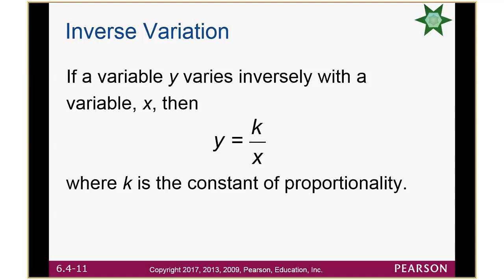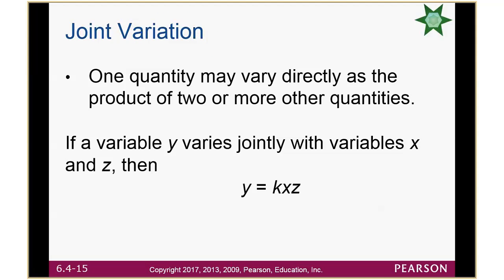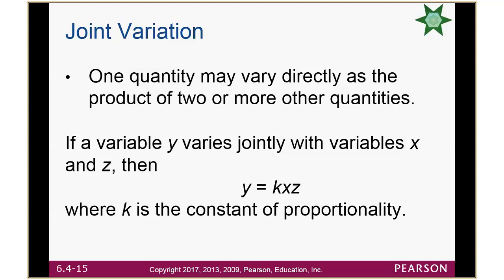And then joint variation is that. So the three main variations that we're going to talk about are direct, inverse, and joint variation.